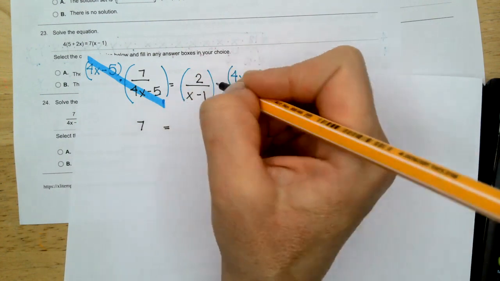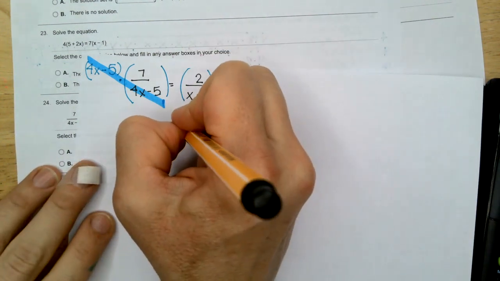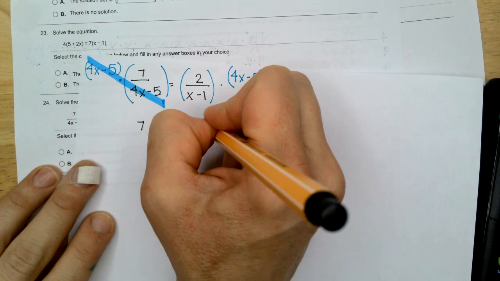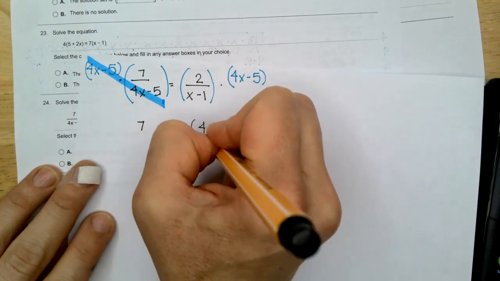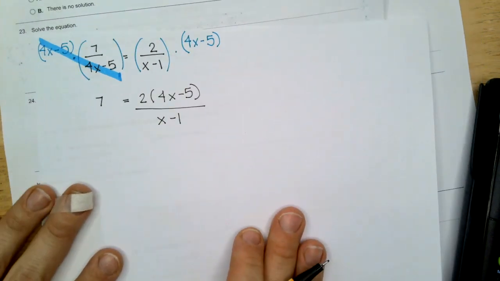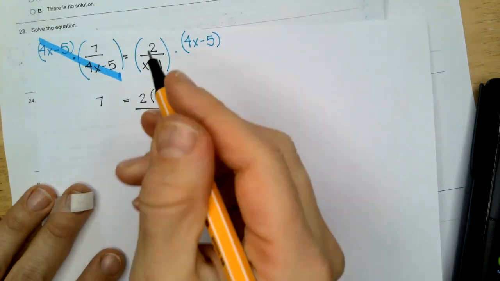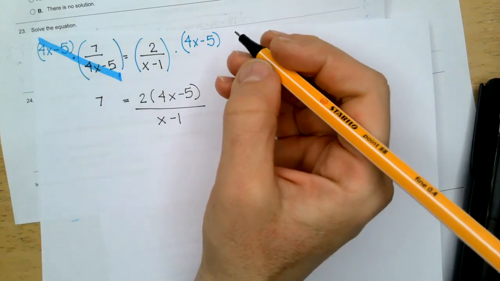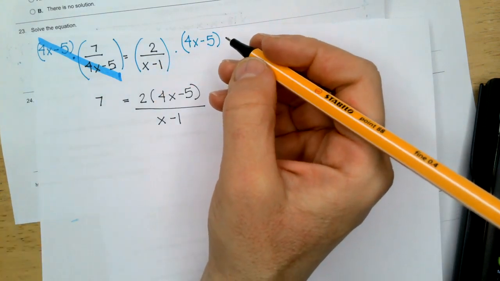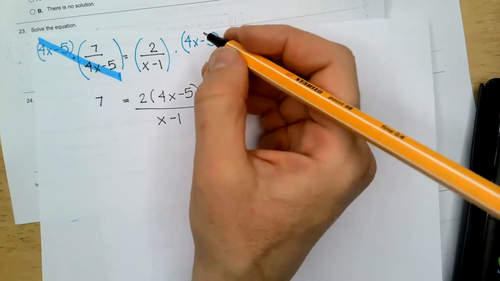Over here, I have to call this 2 times the quantity 4x minus 5 divided by x minus 1. Good? You can simplify that if you want.